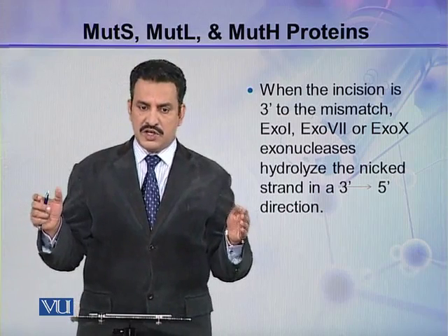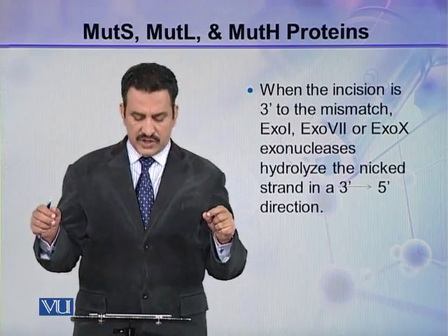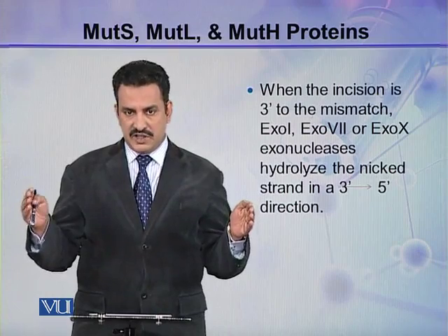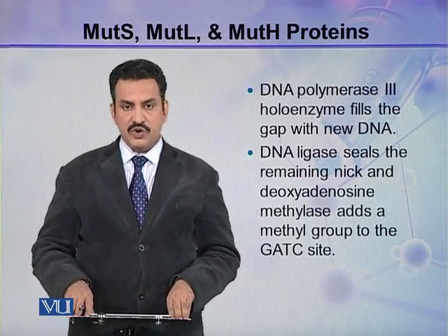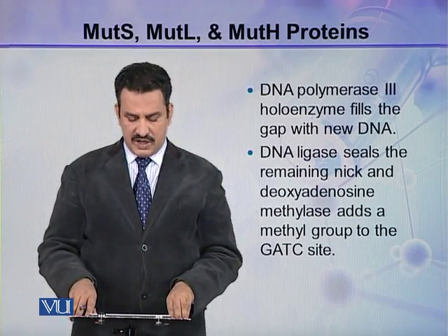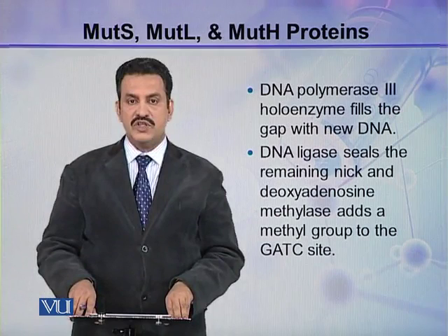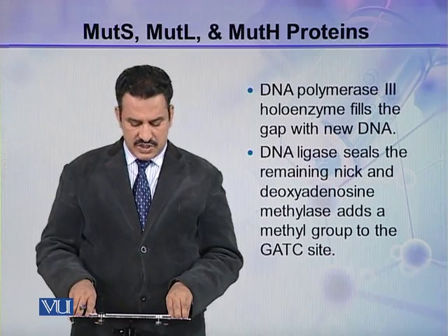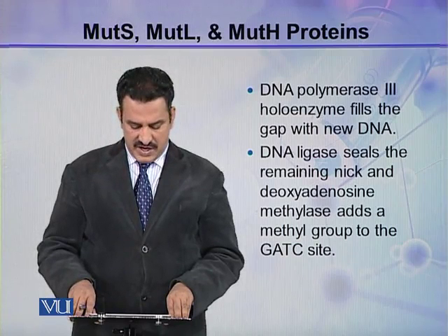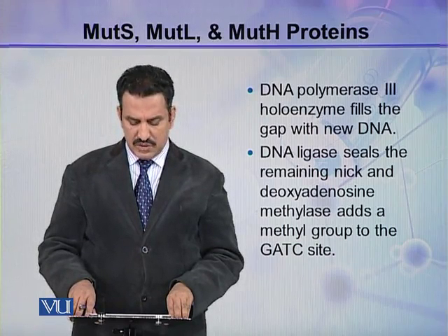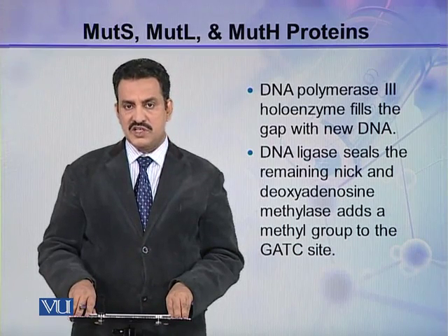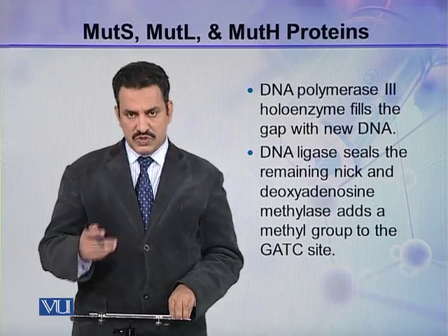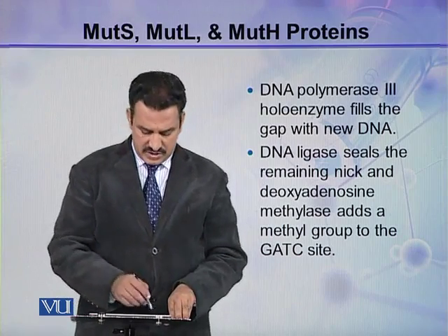So different exonucleases then cleave these nicks. DNA polymerase III holoenzyme fills the gap with new DNA. DNA ligase seals the remaining nick, and deoxyadenosine methylase adds a methyl group to the GATC site. So in this way, this mismatch repair is complete.